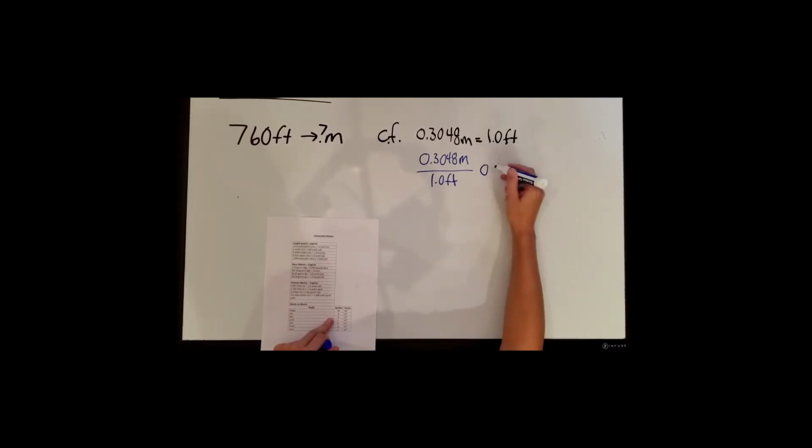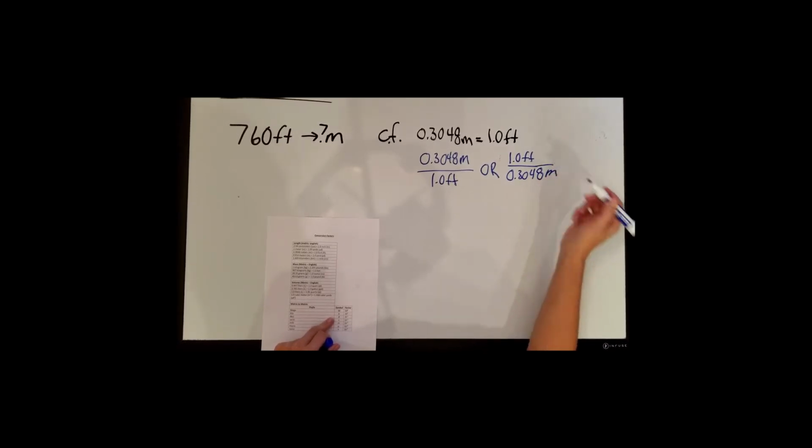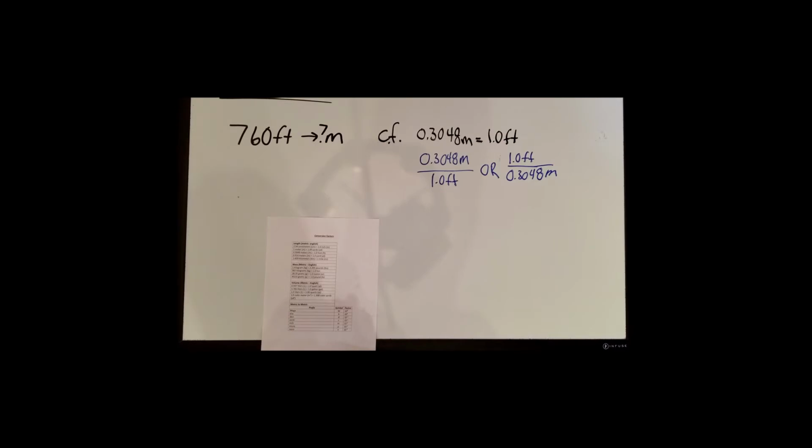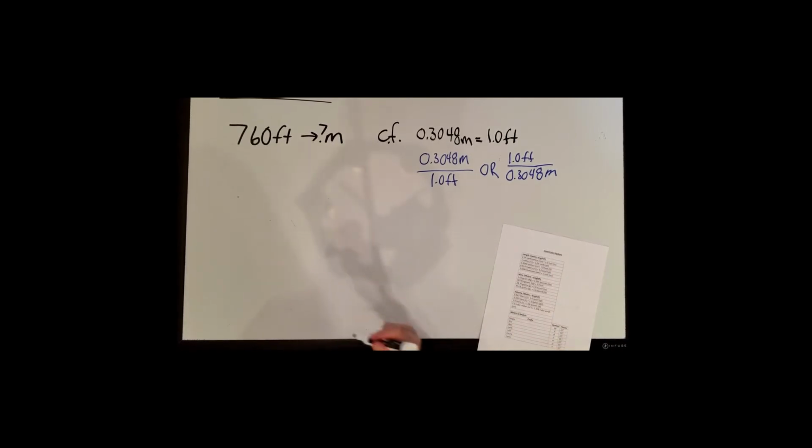Or we can write it with the foot portion on the top and the meter portion on the bottom. So we're going to use it one of those two ways. How do we figure out which way? Well, we're going to start solving the problem.